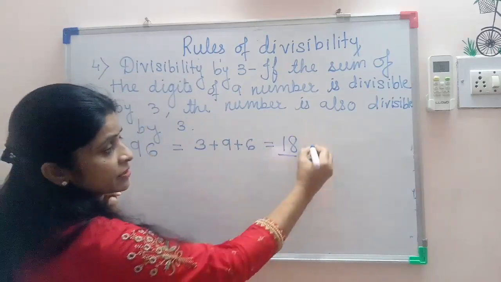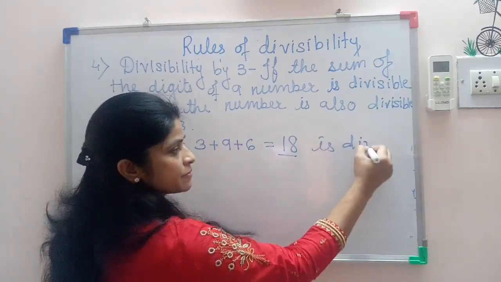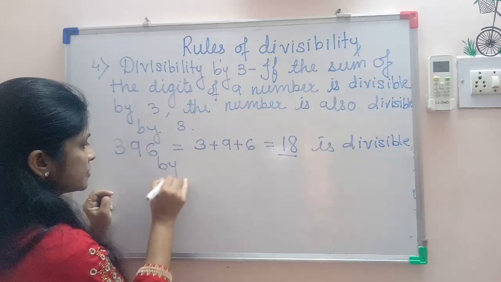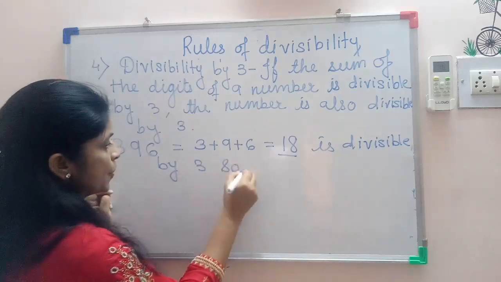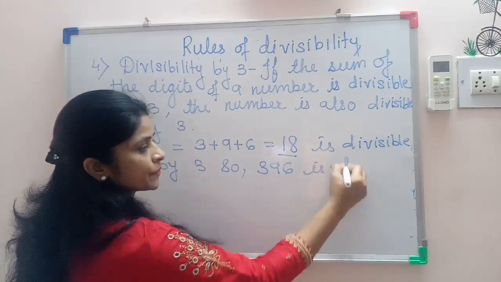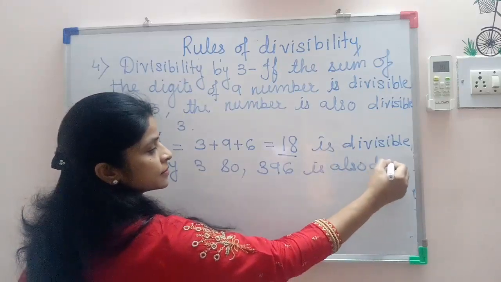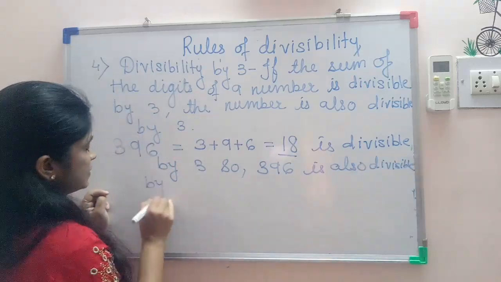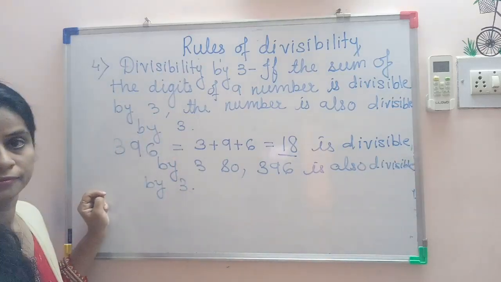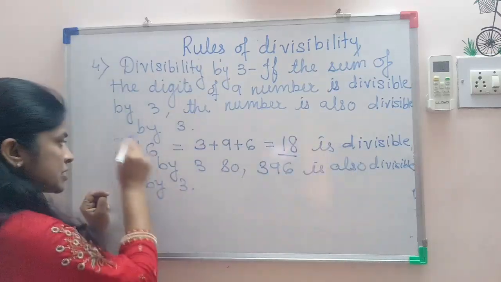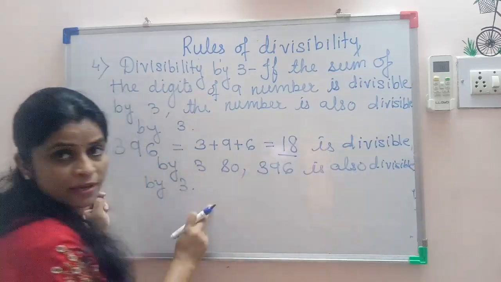Now this 18 is divisible by 3. So 396 is also divisible by 3. If the sum is divisible by 3, the given number is also divisible by 3.